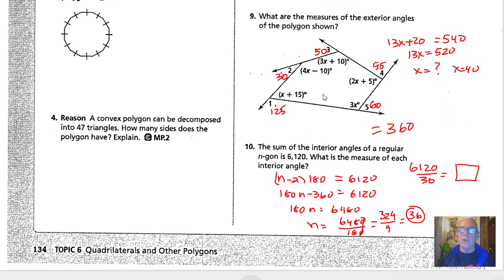Number 9, what are the measures of the exterior angles of the polygon shown? So first of all, it's a 1, 2, 3, 4, 5. It's a pentagon. The easiest way to do this, since it's a pentagon, we know that these inside angles have to add up to 3 times 180, which is 540 degrees.